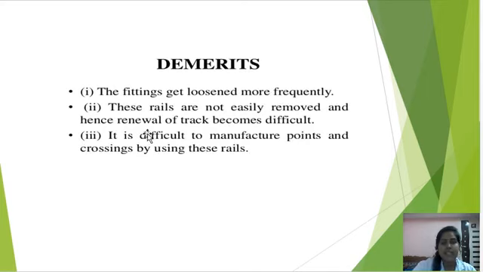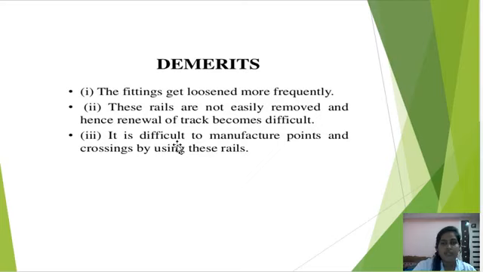Demerits: as already told, due to loads, the fittings get loosened more frequently. These rails are not easily removed, and hence renewal of track becomes difficult. It is difficult to manufacture points and crossings using these rails.